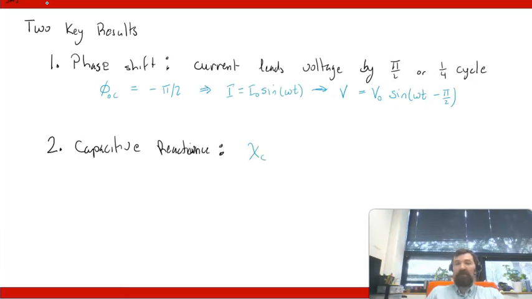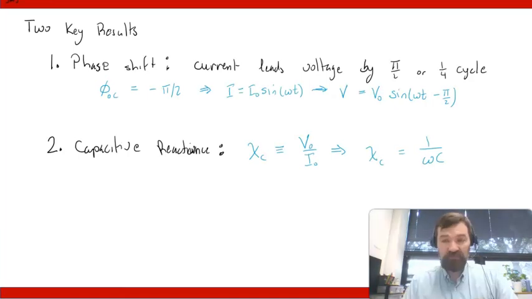So X_C is defined as the ratio of peak voltage to peak current. For the capacitor, this capacitive reactance is 1 over omega C. Thus, it is also frequency dependent, but now it is inversely proportional to the frequency.